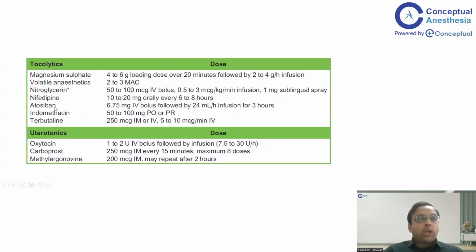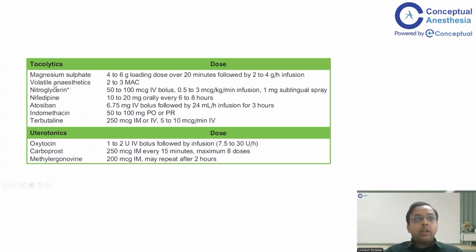Tocolytics: what are the different tocolytics that can be used clinically? Magnesium sulfate, NTG, calcium channel blockers like nifedipine, atosiban, which is an oxytocin antagonist, NSAIDs like indomethacin, and terbutaline. All these are tocolytics. Magnesium sulfate can be given in a 4 to 6 gram loading dose over 20 minutes, followed by 2 to 4 grams per hour infusion.